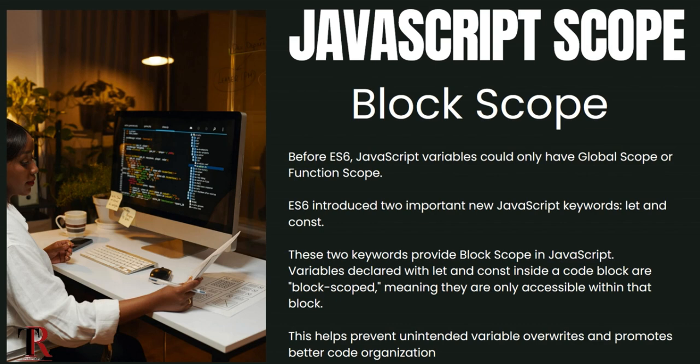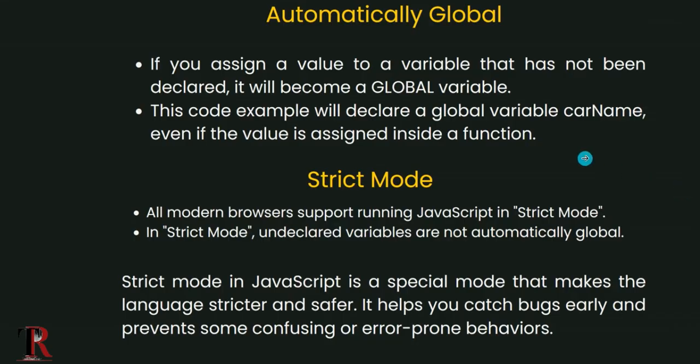And it promotes better code organization, knowing that there are values that will stay constant as you work on your program or your project. So that's the concept of block scope in JavaScript.